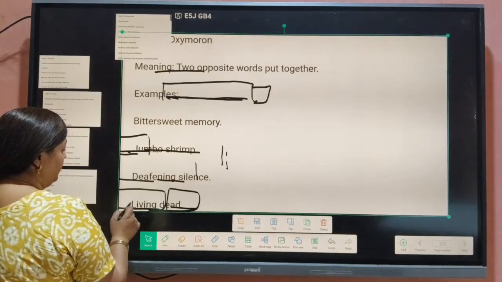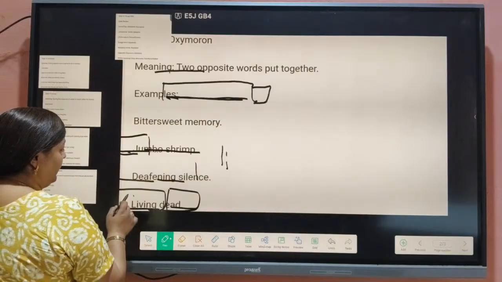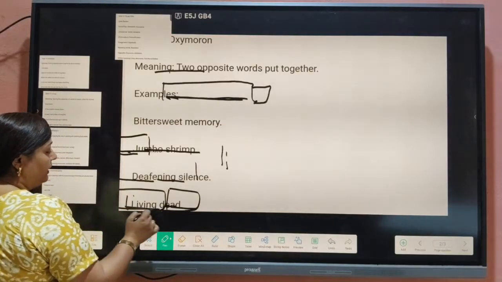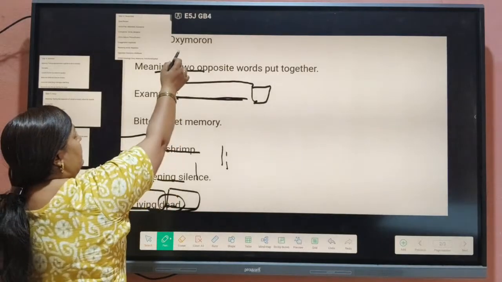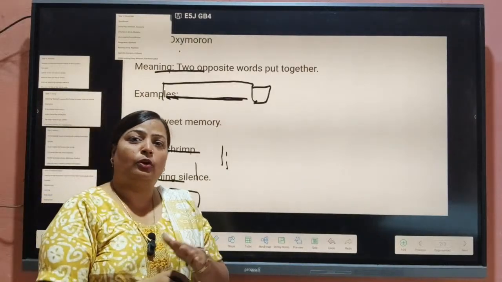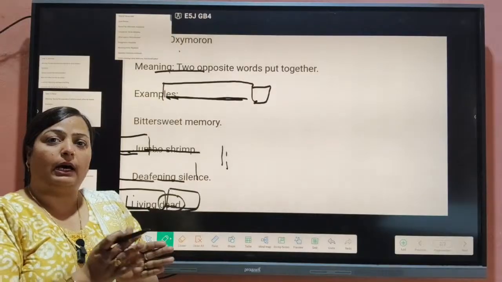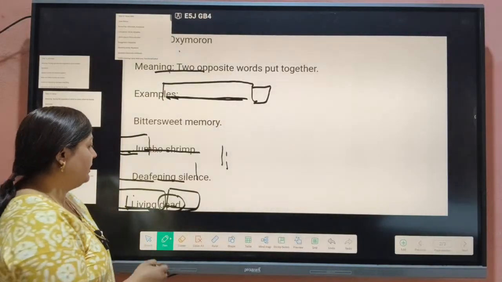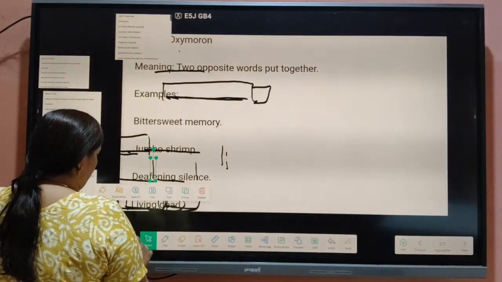And living dead also. The opposite of living is dead. In oxymoron, the poet always uses two opposite words, but they come just one after the other. In this way, we learn about oxymoron.